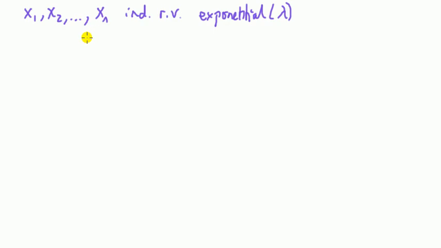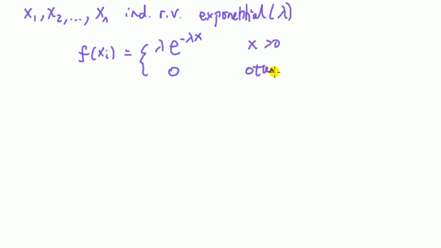So we have the PDF f(x_i) equal to lambda e to the minus lambda x_i for x_i bigger than 0, and 0 otherwise. Now why put i here? Because we've got small n of these random variables, so we put an i here.